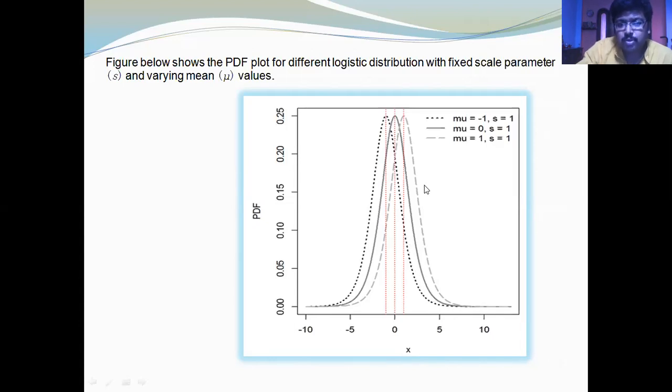And when mu, that is the location parameter, is 0 and the scale parameter is 1, then the solid line is the curve of the logistic distribution. And when the location parameter is 1 and the scale parameter is also 1, then the dashed line is the logistic distribution curve.